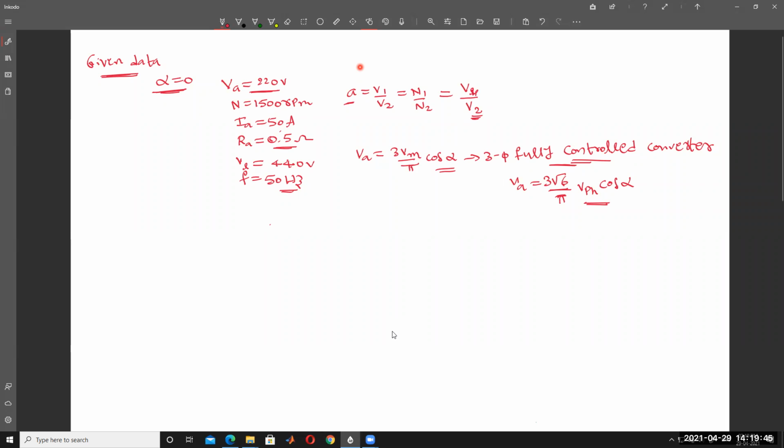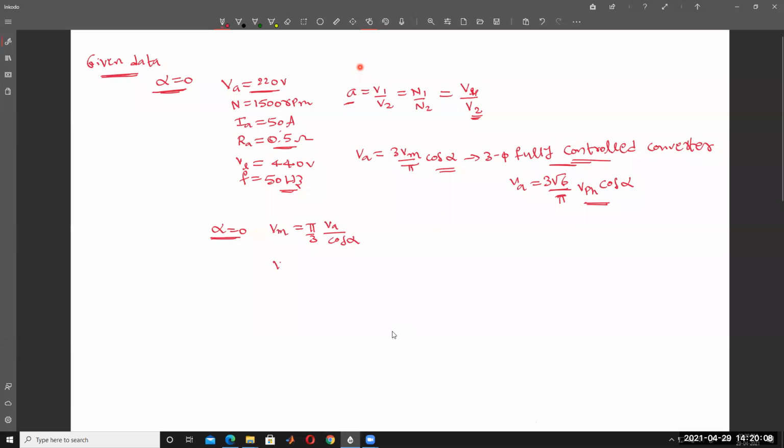You have to find this V maximum when firing angle alpha is equal to 0. So Vm is equal to pi by 3 into VA by cos alpha, and cos 0 is 1.